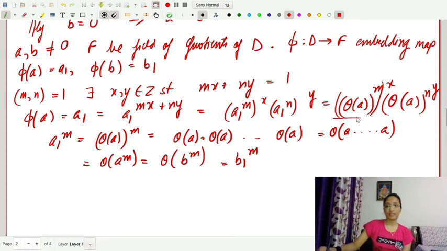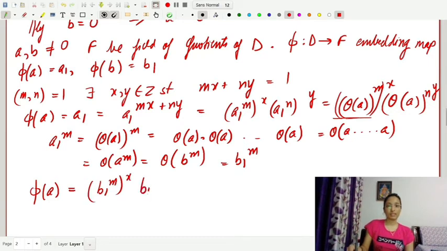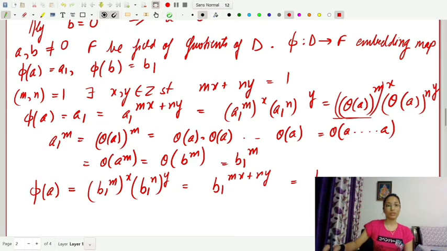And hence we get that phi of a is equal to b1 raised to power mx, and similarly b1 raised to power ny, that is b1 raised to power mx plus ny, that is equal to b1.